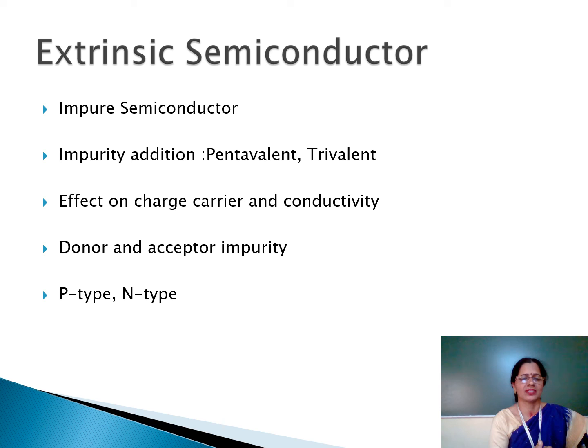No donation, the accepting level is more. Accordingly, the trivalent impurity is known as the acceptor impurity. Why the pentavalent is known as donor and the trivalent as acceptor, we will see clearly in the forward slides while considering the atomic structure of P type and N type.